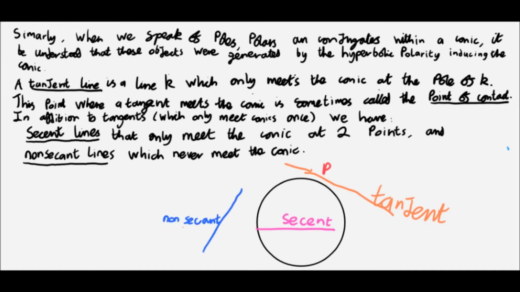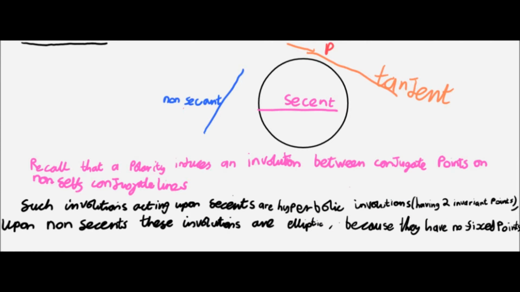The opposite type of line is what's called a non-secant. That's a line which doesn't go through any of the points of the conic. In the sense of a circle, it's just a line which misses the thing entirely. And then the intermediate case is a line called a tangent. A tangent to a conic is a line which goes through just one point of the conic. We use these notions of secants, non-secants, and tangents to define whether points are exterior or interior.